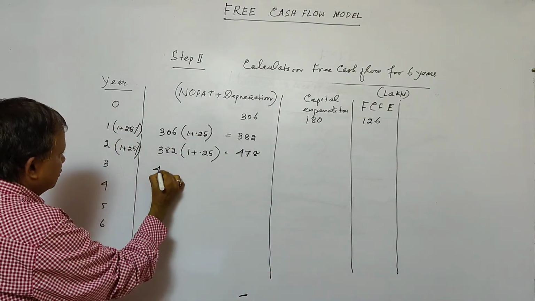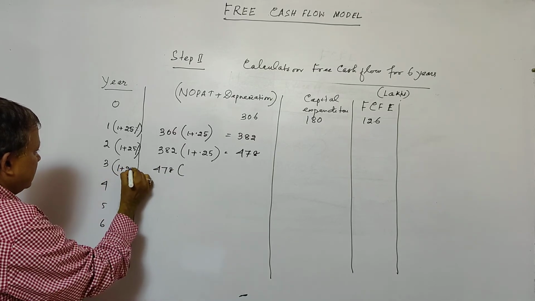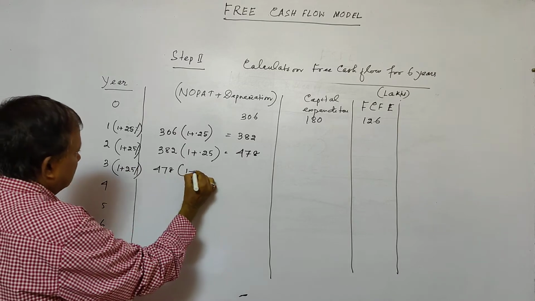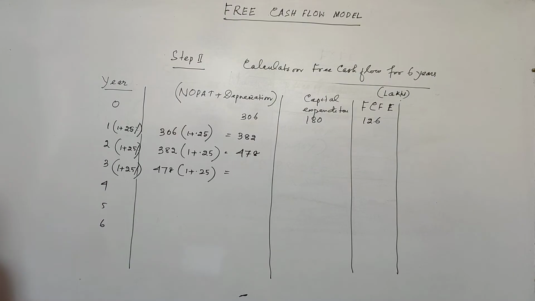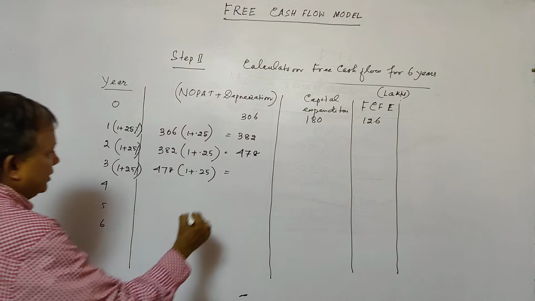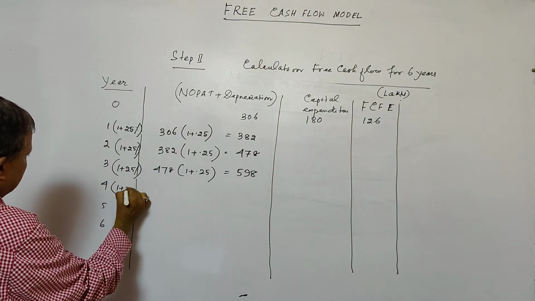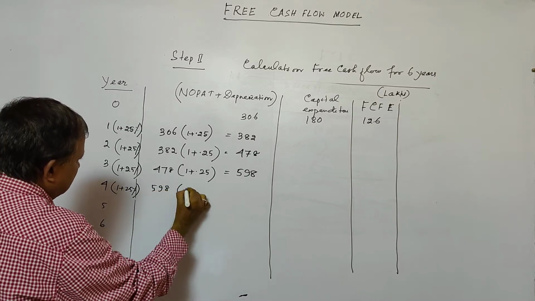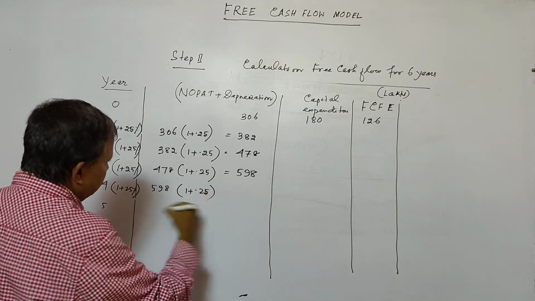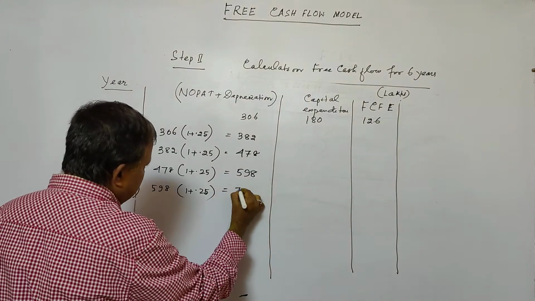Then again 478 plus 25%, this will be 598. Again 25%, 598 times 1 plus 0.25, this will again be 748.